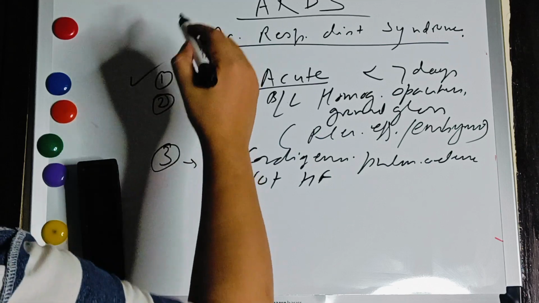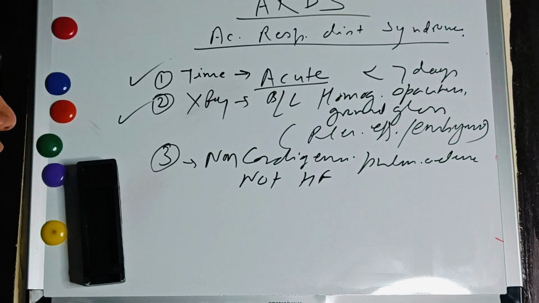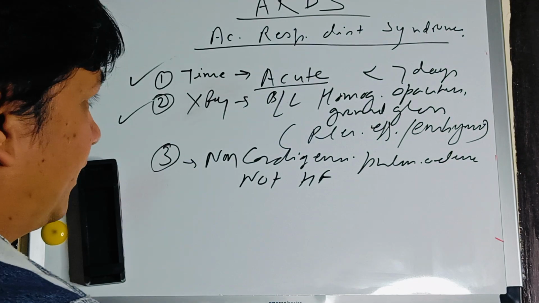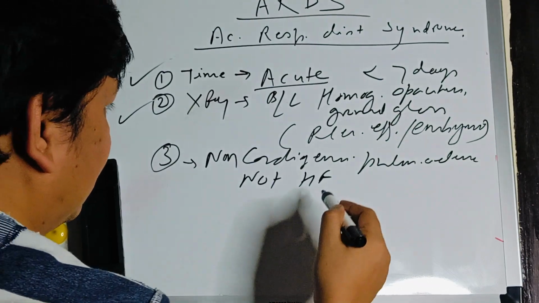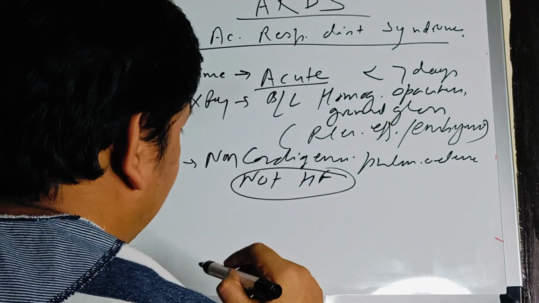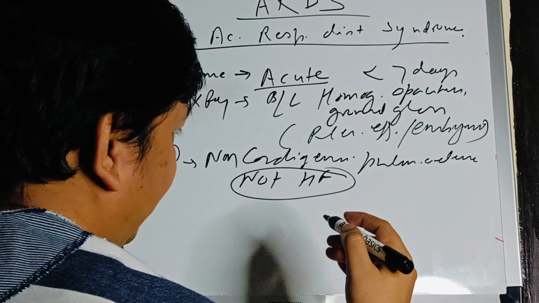So one is timing, it has to be acute. X-ray should show bilateral homogeneous opacities, ground glass, and there should not be evidence of pleural effusion or empyema. And third one is non-cardiogenic pulmonary edema. There should not be any heart failure involvement, which will be detected by various criteria.